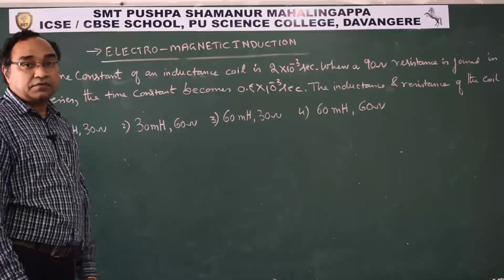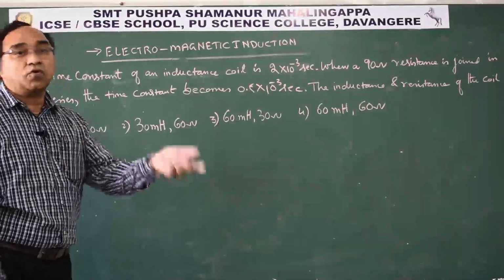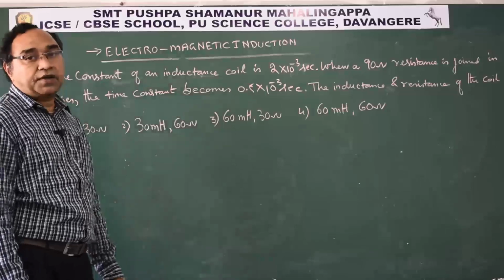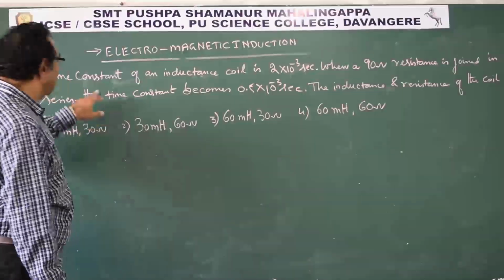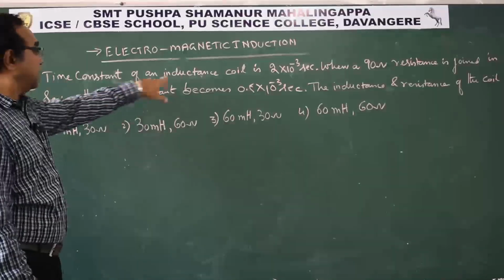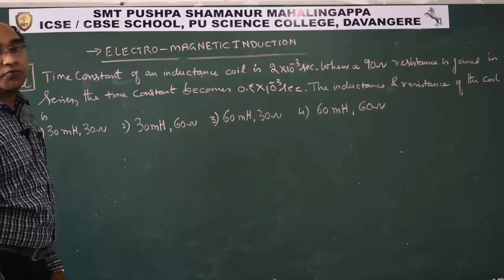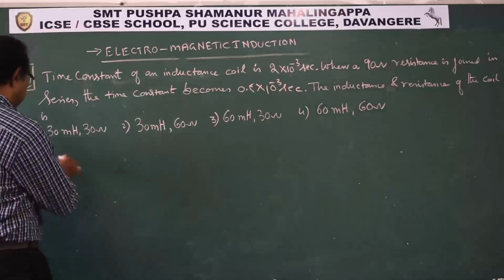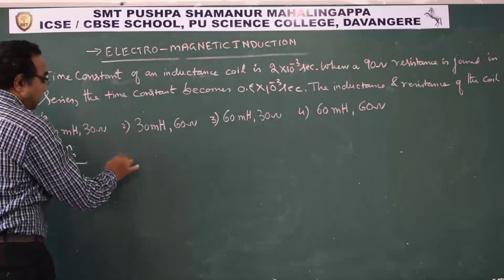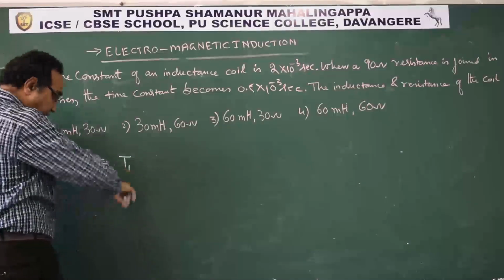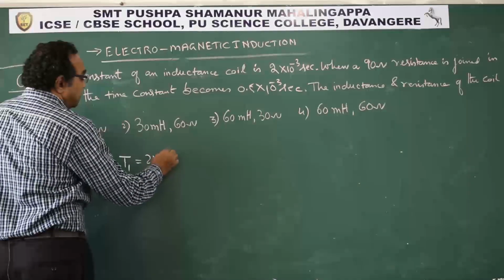Well, students, let us now take one question which is related with the time constant that we have understood in LR DC circuit. The question reads like this: the time constant of an inductance coil is 2 into 10 power minus 3 second. So it says time constant, I will represent T1, is given as 2 into 10 power minus 3 second.